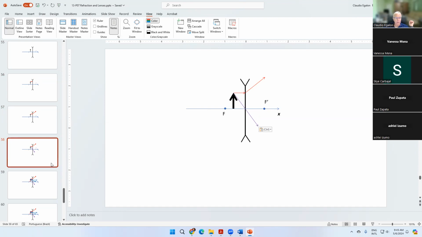Let's go one more light ray here, just for redundancy's sake. Light rays that pass through the front focal point... what happened here? Oh, interesting. I don't need that. What I need is this one.